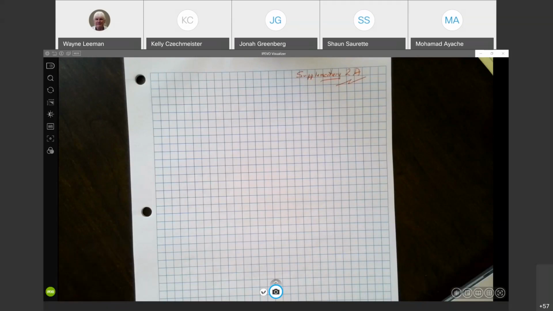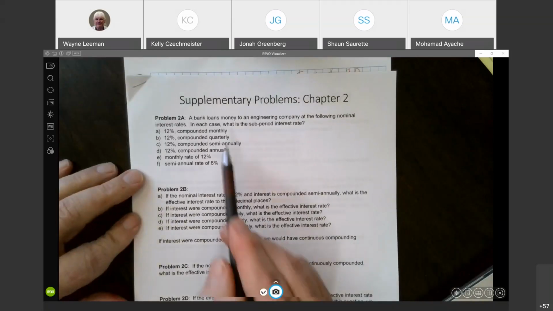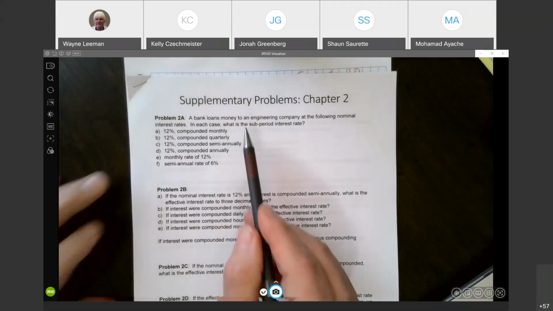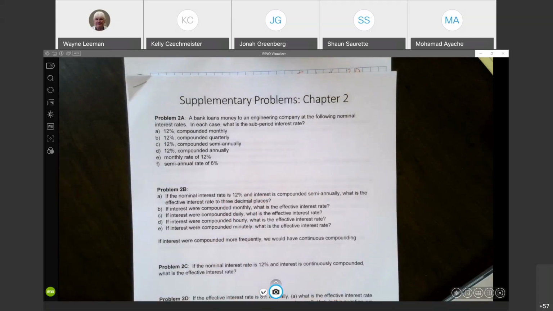So this particular problem here, I'll show you what it looks like maybe, because not all of you may have had it up here. But problem 2A, it says a bank loans money to an engineering company at the following nominal interest rates. Now, nominal is the amount of money that institutes will often quote as their interest rate.